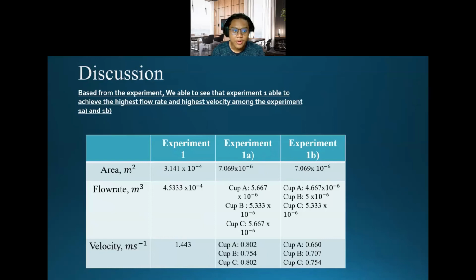The flow rate of experiment 1 is the highest, which is 4.5333 times 10 to the power of negative 4 meter cube. Next, the velocity of experiment 1 is also the highest among experiment 1A and 1B, which is 1.443 meter per second.